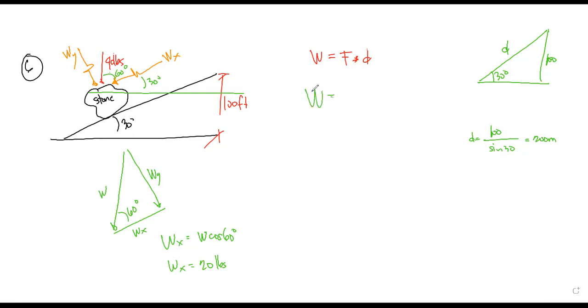Such that the work done in pushing the stone is equivalent to Wx, which is 20 pounds, multiplied by the distance, which is 200 feet. That would give us 4,000 foot-pound.